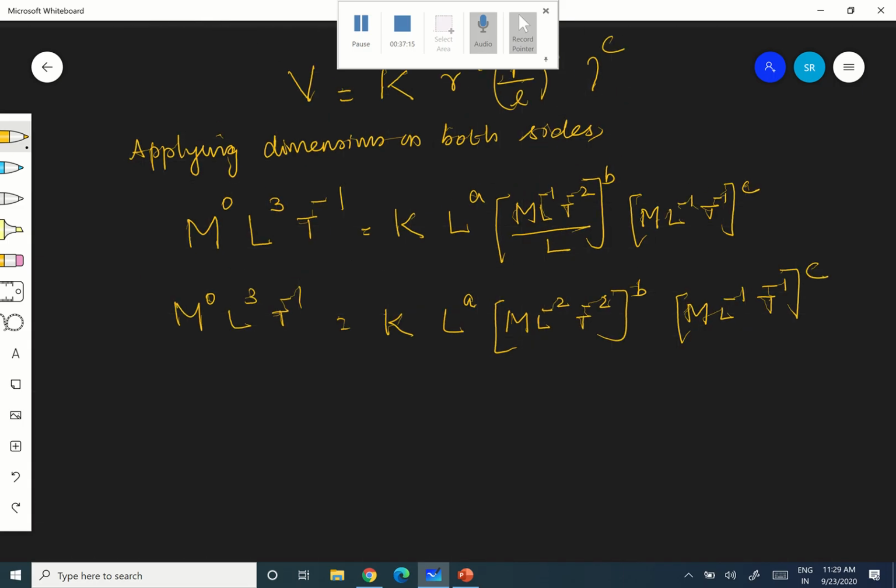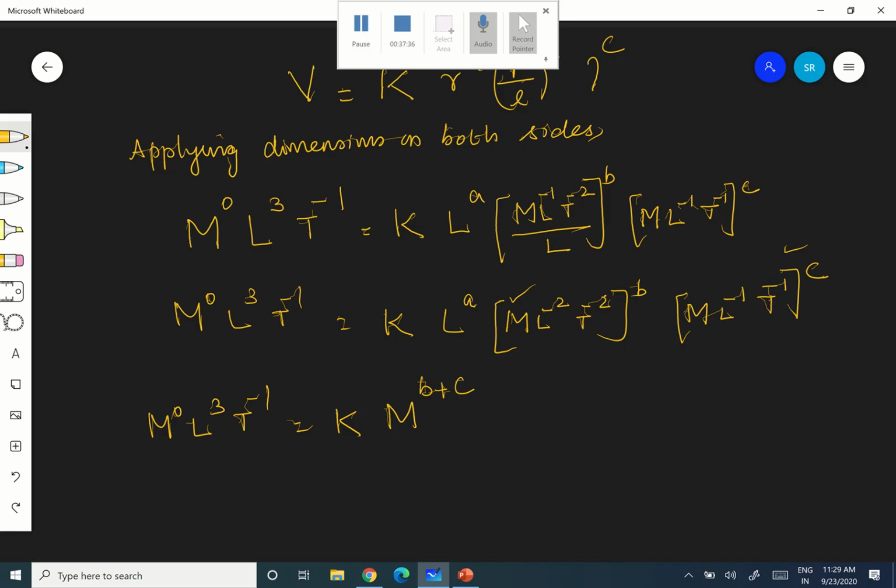Now you consolidate. M power 0, L cube, T power minus 1 is equal to k. For M, we have M power b and M power c, there is no M power a, so M power b plus c.